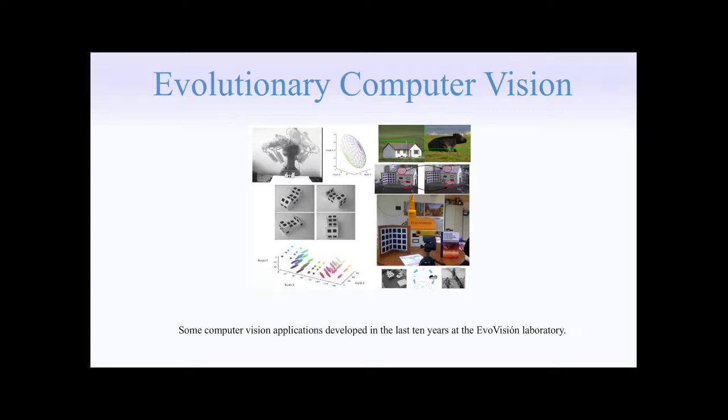We will focus on current research conducted at the Evolution Laboratory, while also talking about past research that is included in the book, such as the camera placement problem, interest points detection, feature extraction, and image recognition and classification.